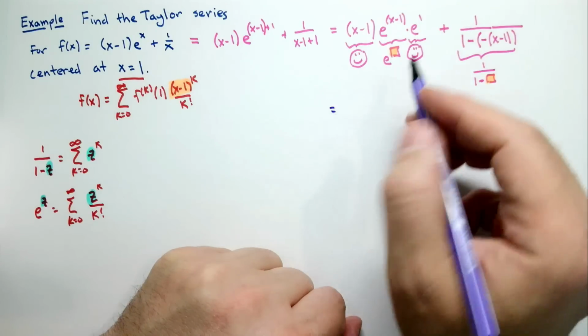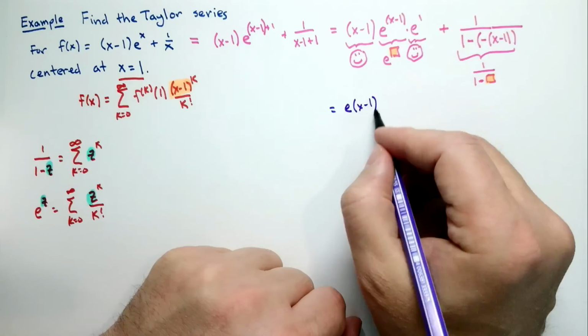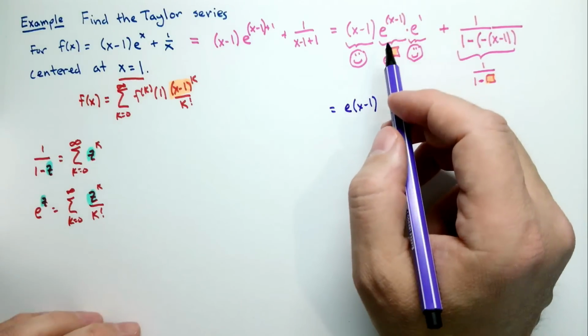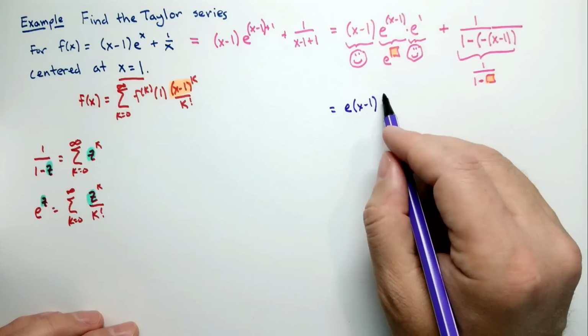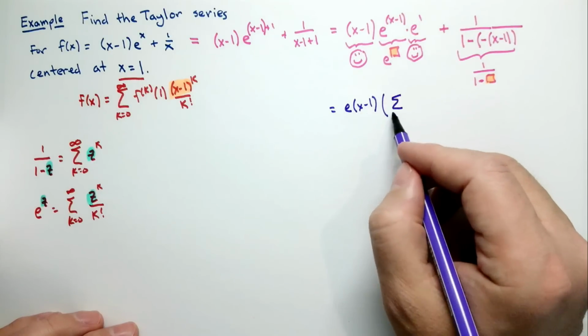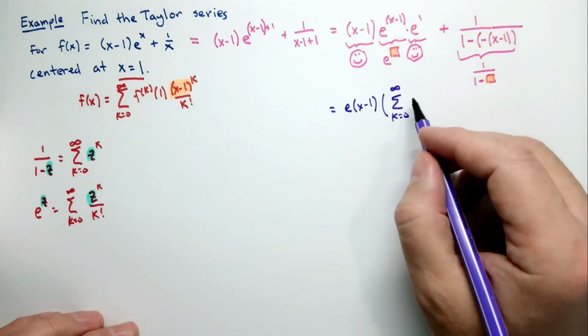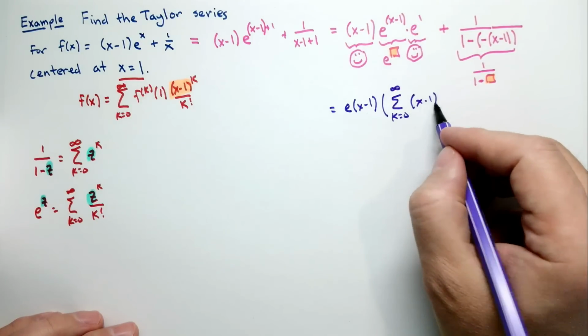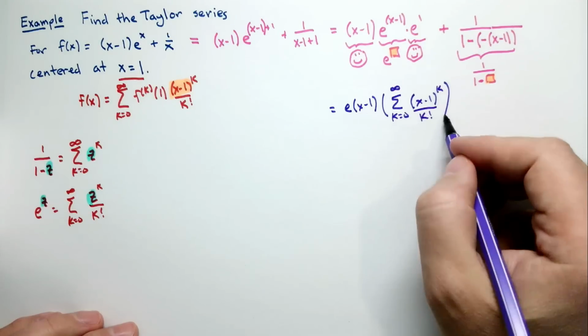In the first term, I'll go ahead and pull the e closer to the front. So e times e to the x minus 1. And the e to the x minus 1, I now use my mold. So that becomes the sum from 0 to infinity of x minus 1 to the k over k factorial.